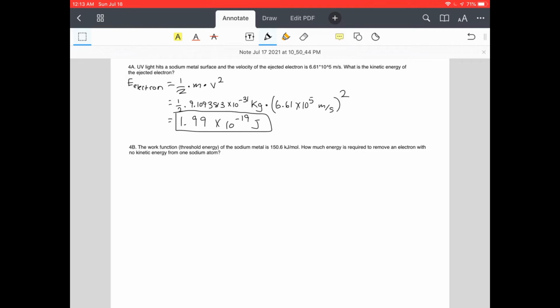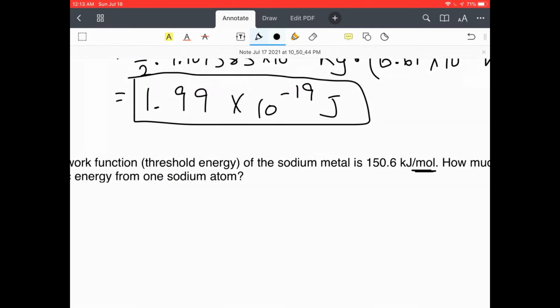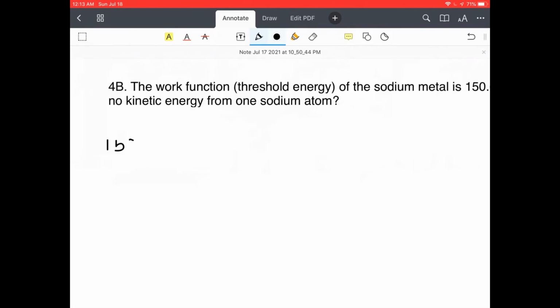However, the question gave us the threshold energy in terms of 1 mole of sodium metal. So first we need to convert this value, 150.6 kilojoules per mole, into kilojoules per atom.